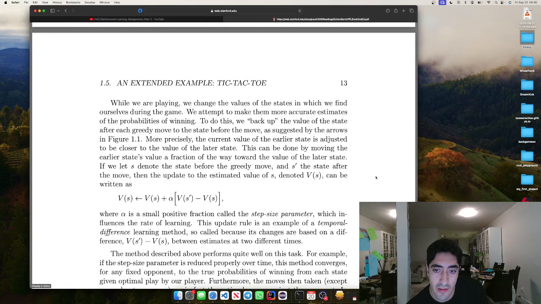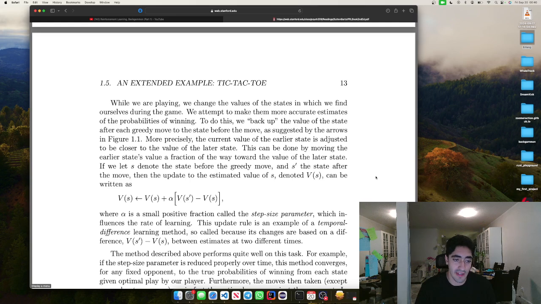To do this, we back up the value of the state after each greedy move to the state before the move. As suggested by the arrows in figure 1.1, more precisely, the current value of the earlier state is adjusted to be closer to the value of the later state. This can be done by moving the earlier state's value a fraction of the way toward the value of the later state.